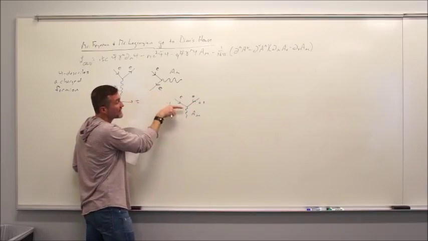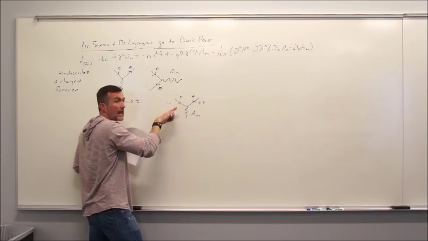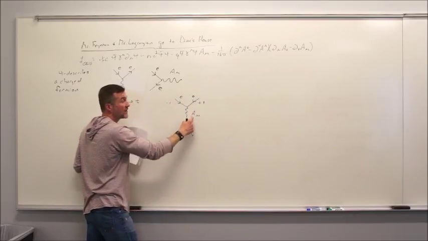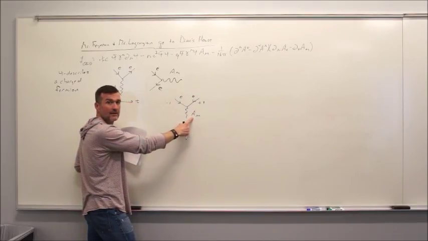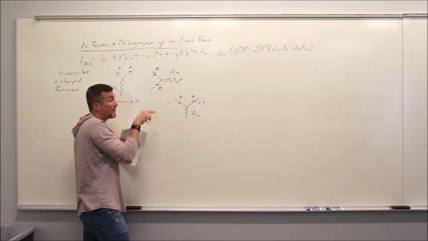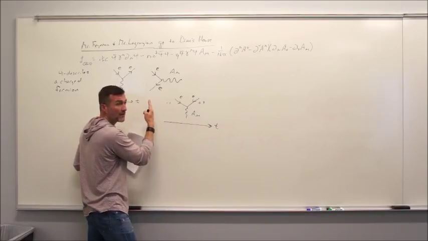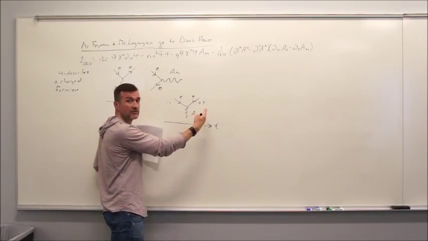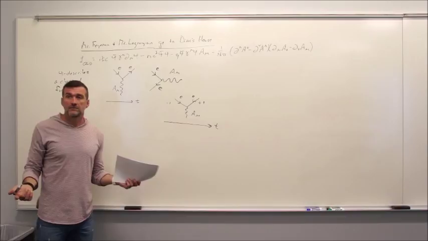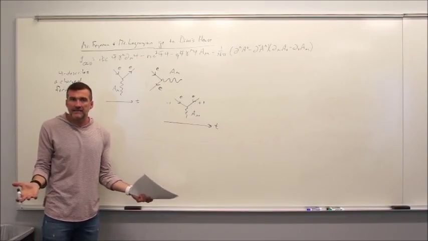So I have -1 coming in and +1 going out. How much charge does this carry? None. And remember, time goes this way. So as I go through time, I start out with negative charge, and then I have positive charge. I'm not conserving charge. And we know that doesn't happen in physics.